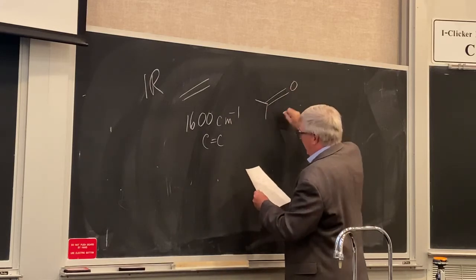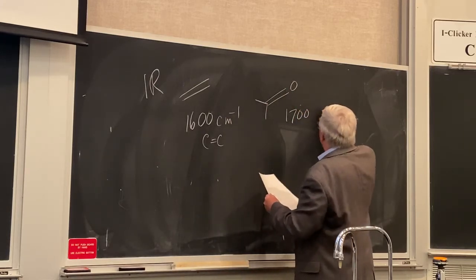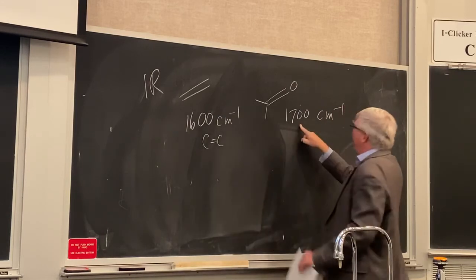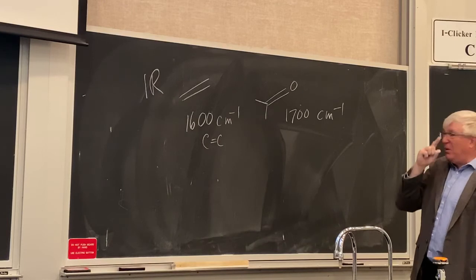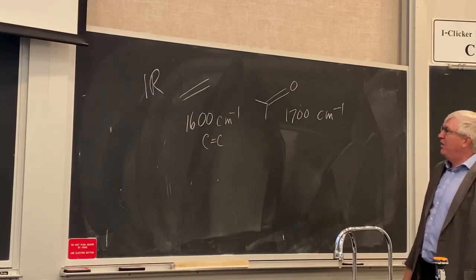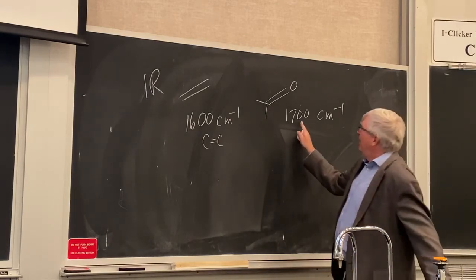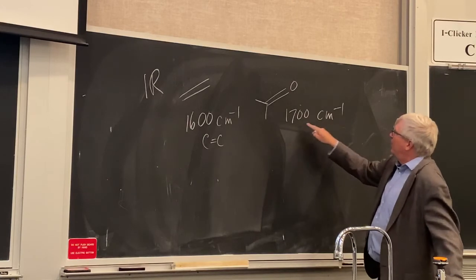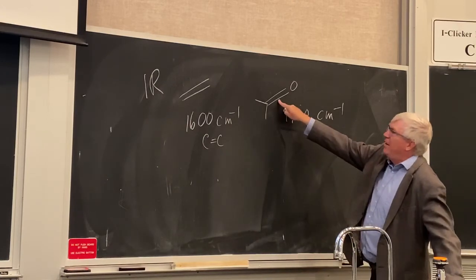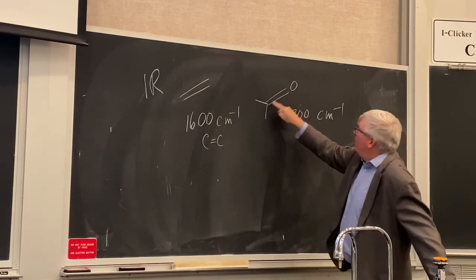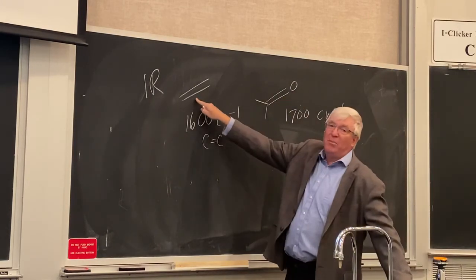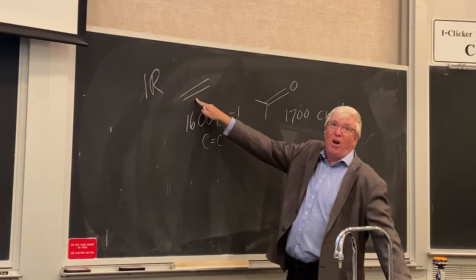Carbonyls, ketones, whatever, are at 1,700. You already know that too. 1720, 1750, sometimes they're a little bit lower than that. We need to say something about that. But the first thing to notice here, you're at a higher frequency here, okay? Which means what? That's a stronger bond, a carbonyl bond. Carbon-oxygen double bond is a stronger bond than a carbon-carbon double bond.